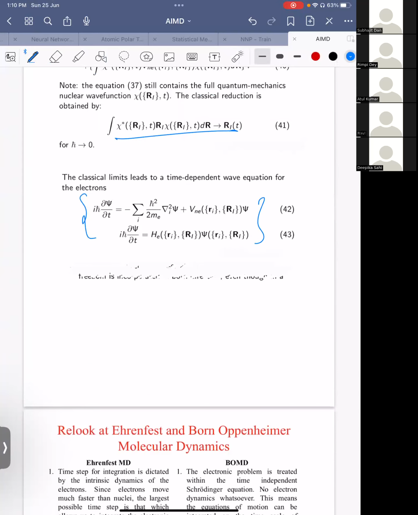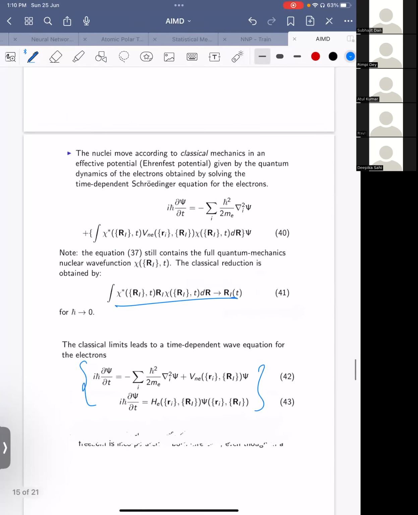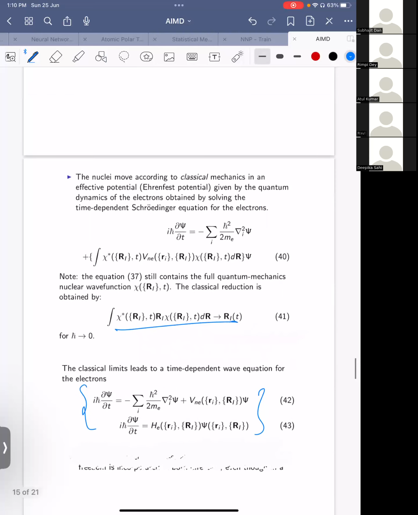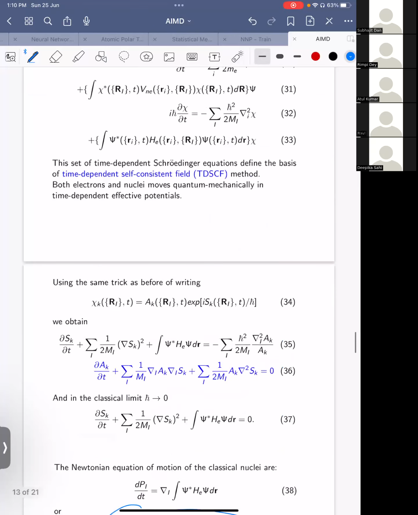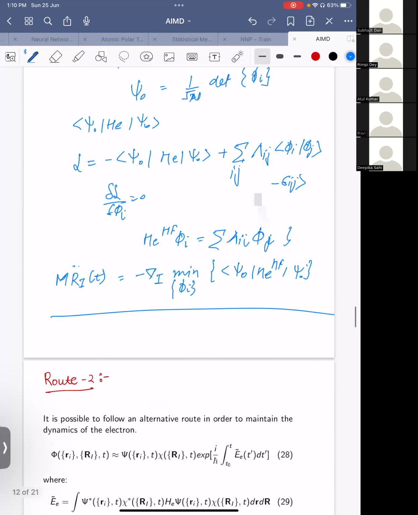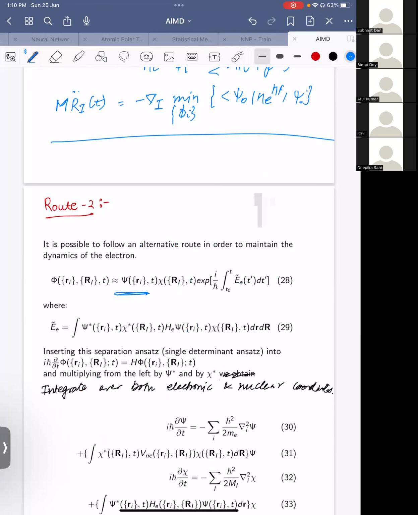So what is the difference? Basically, in that approach we considered the electrons fixed and we propagated the nucleus. Now we are evaluating the dynamics for both electrons and nucleus. Now the wave functions of both electrons and nucleus are time dependent.